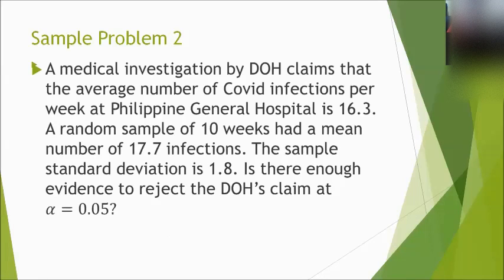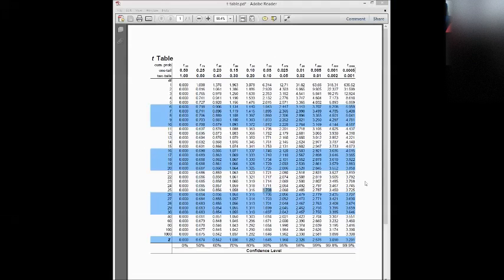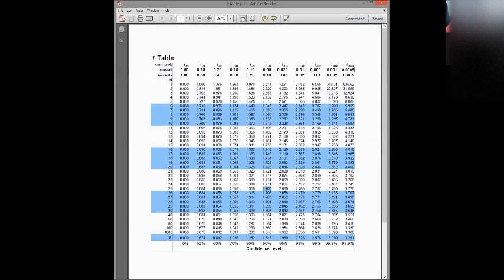So the sample is 10 weeks, okay? And then two-tailed. So again, it's a two-tailed test. From the t-table, I'm going to use the two-tail. At 0.05 significance level, I'm going to look for 0.05. So here's the 0.05. And the sample is 10.